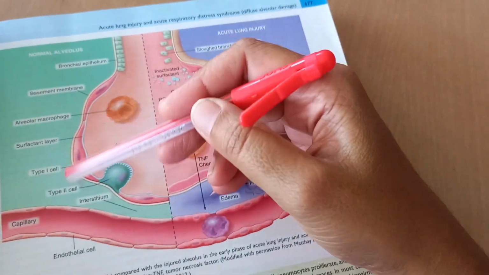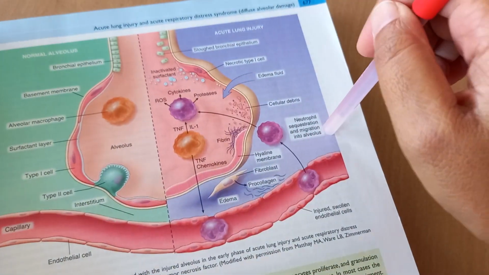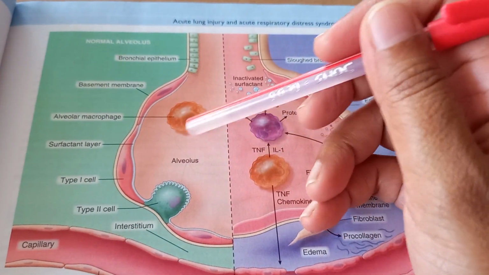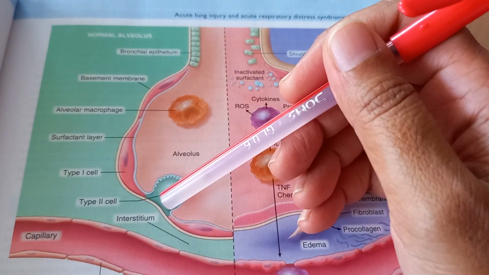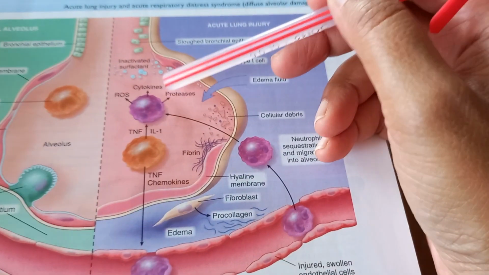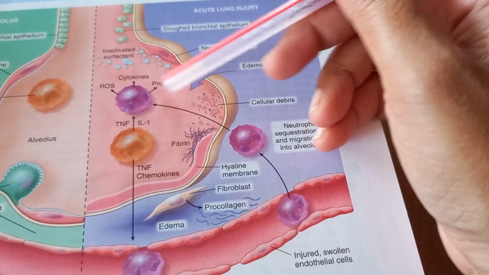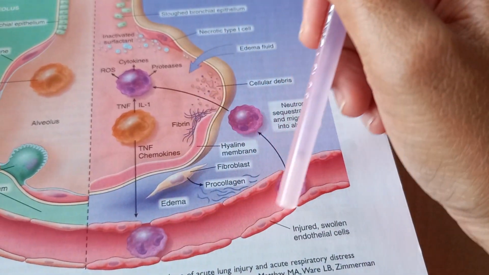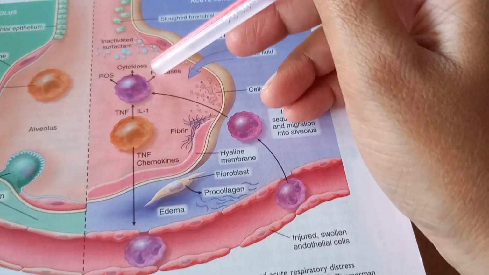So what do you see here? This looks like an alveolus to me, a capillary and injured alveolus. Basically here you can see the type 1 cell, type 2 cell. And here what is happening? In the injured one, there are cytokines, chemokines.